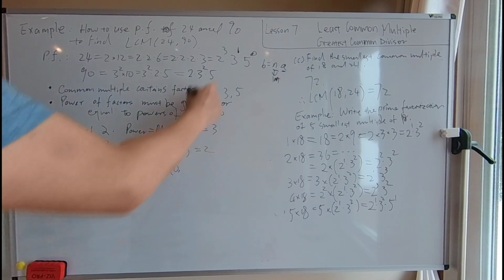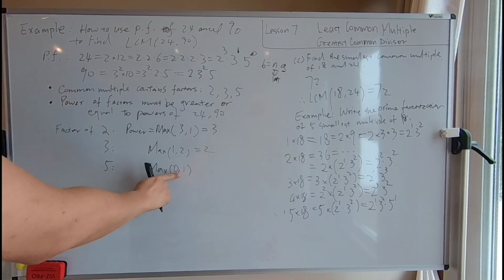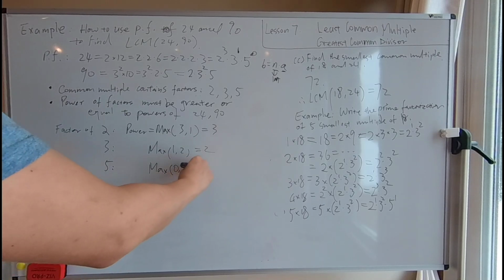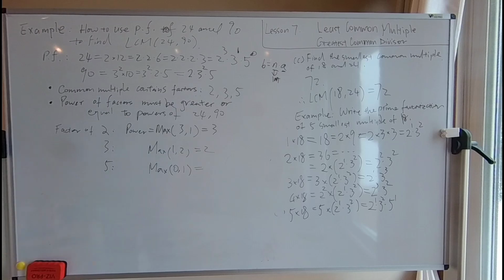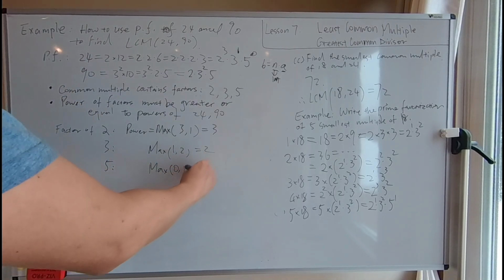That doesn't matter, because 0 is smaller than any positive number. So the maximum power of 5 is 1.